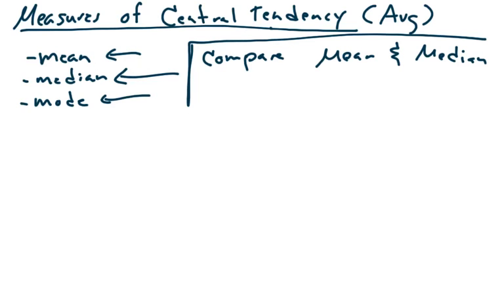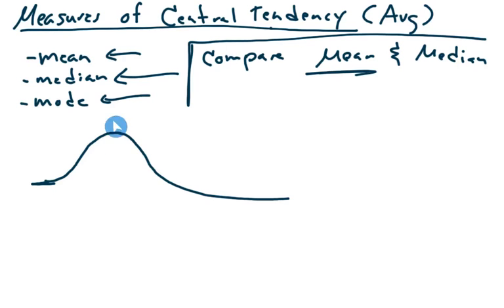Okay, so the mean is taken by adding up all of the values. So if you have some outliers, so say your graph actually looks like something like this, okay, where most of the values are over here, but we have a few outliers, okay.